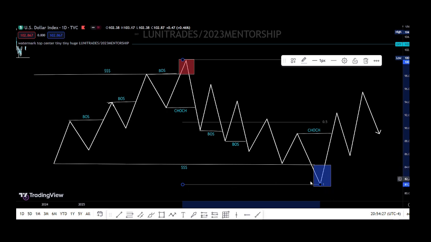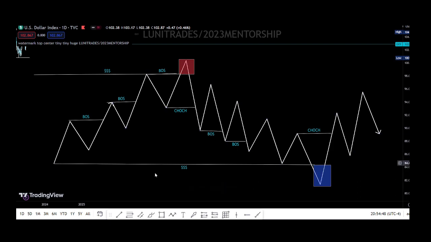That's why I put a blue box here. And from this equilibrium to the top, which is your premium, this is where you want to be selling. That's why I put a red box there. You understand? So that's just another thought on the premium and discount.